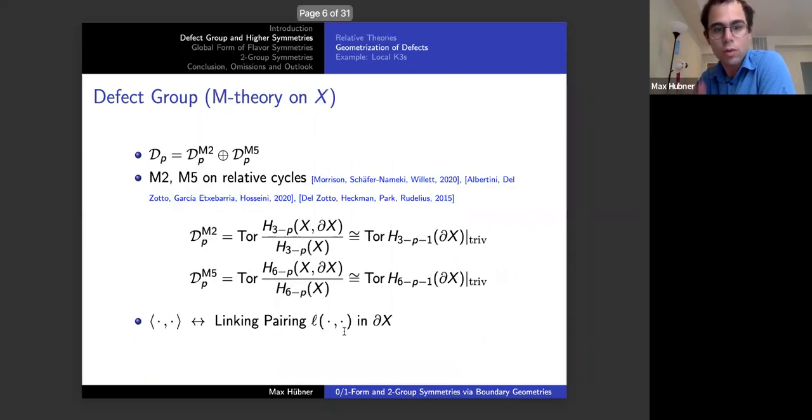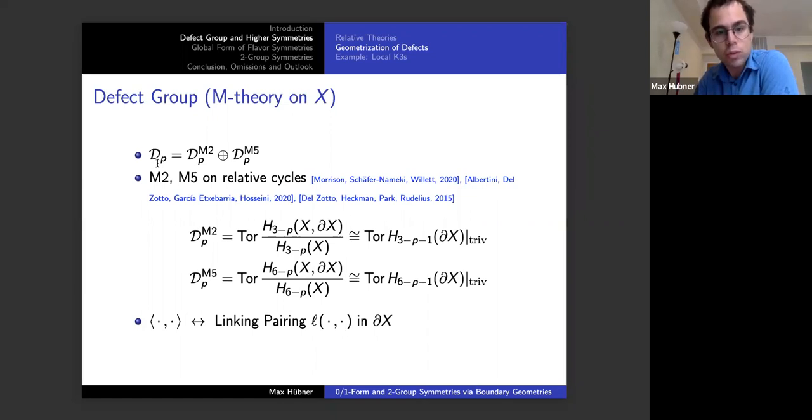Okay, so what does geometric engineering bring to the table? So let's assume that our theory has been geometrically engineered in M-theory on the space X. In this case, we should think about the defects we just discussed as infinitely heavy, extended probes.